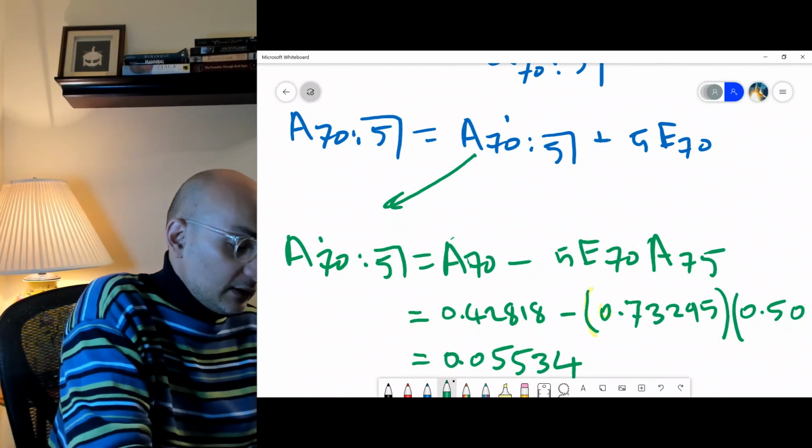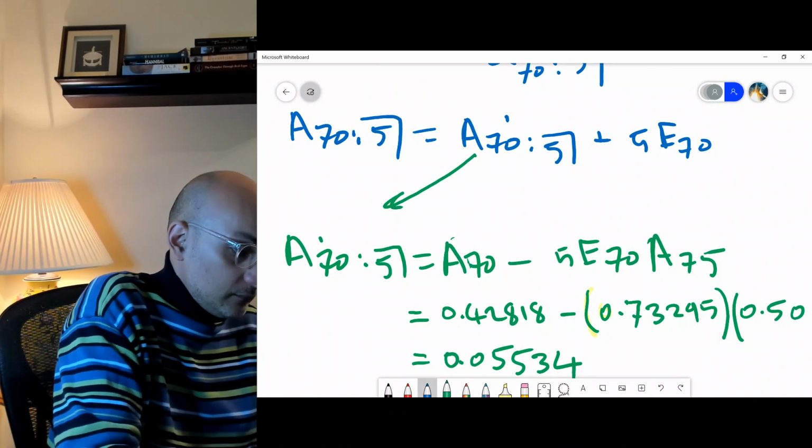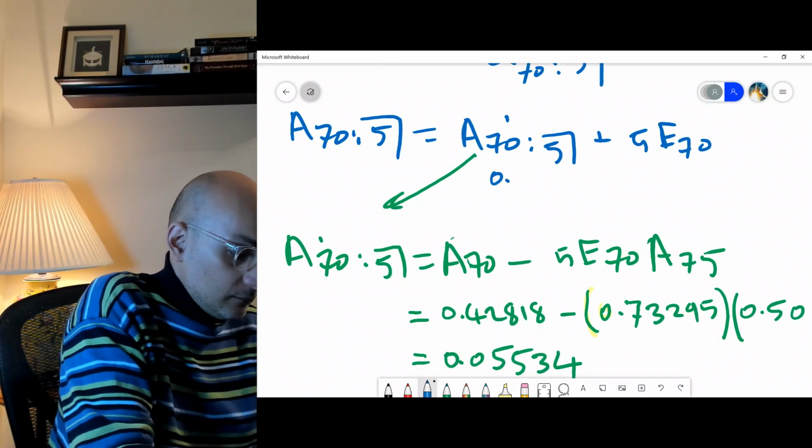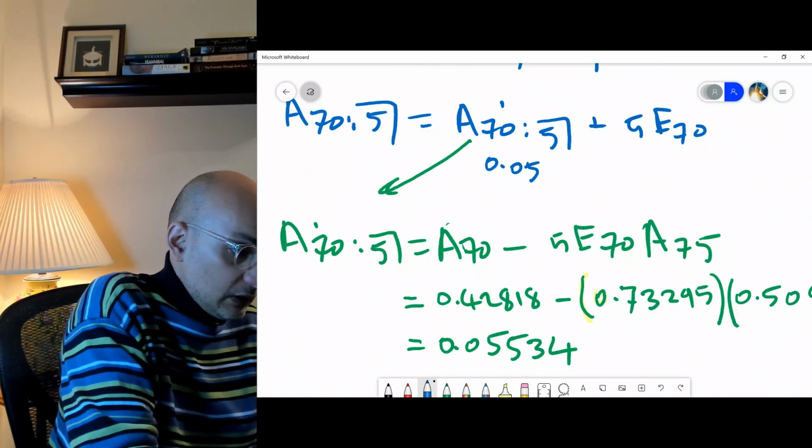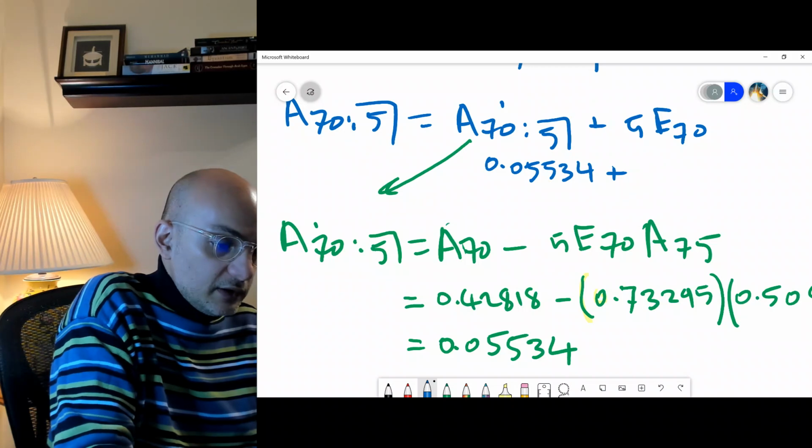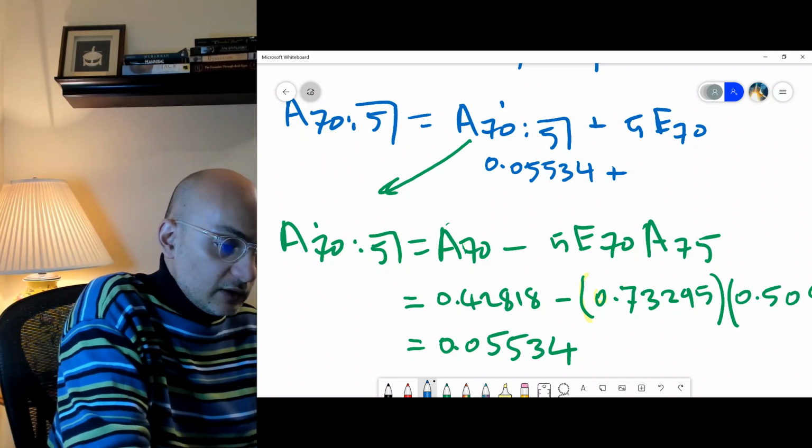So this one we got. The 5E70 we already did, it's 0.73295.